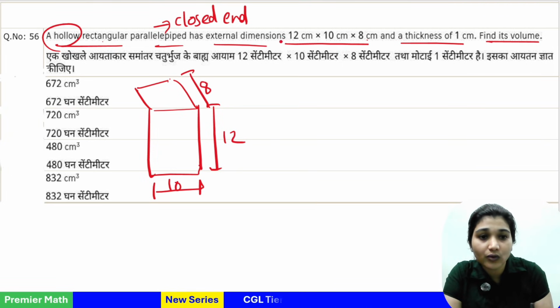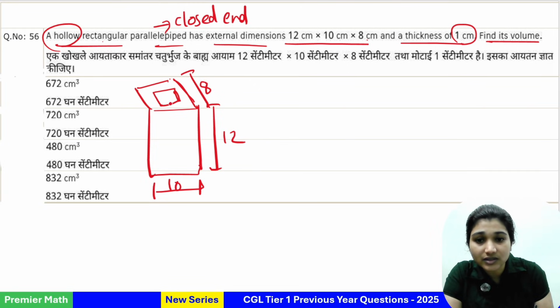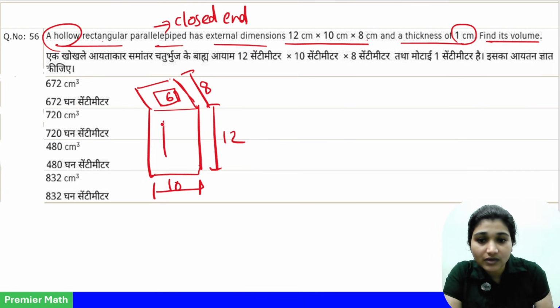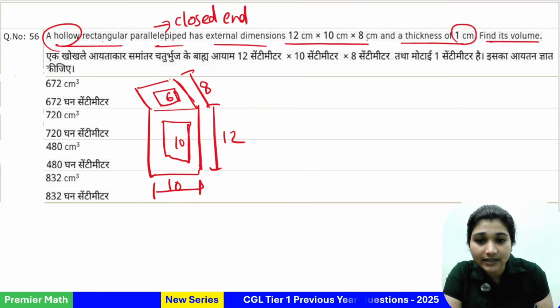Now this is hollow and thickness is 1 centimeter. So here hollow means if this is 8, this should be 1 cut here, 1 centimeter cut here. So 6. Same way here if this is 12, this should be 10. And if this is 10, this should be 8 here.